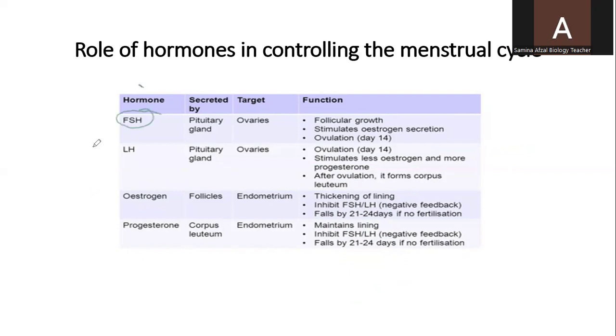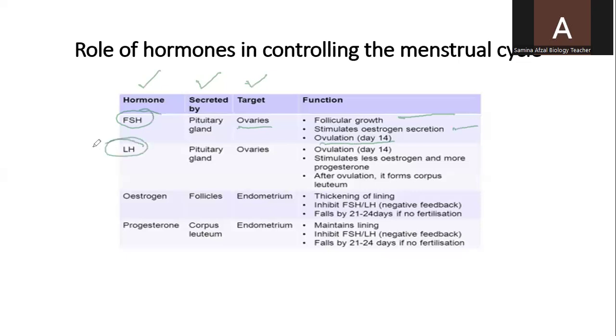Follicle stimulating hormone is secreted by the pituitary gland, and its target sites are the ovaries. It performs the following functions: follicular growth, that is, it helps in the maturation of the follicles and stimulates estrogen secretion, and it helps the egg to release at day 14.